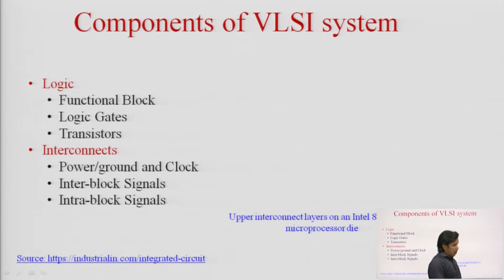Now, after that we have to also understand what are the components of the VLSI system, what are the main components that we have to take care while scaling down the technology. So, we are having two things, one is logic functions and the second thing is interconnects.